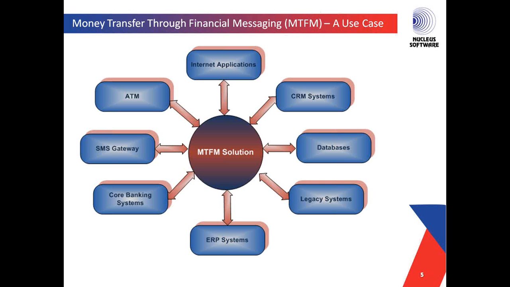What gets highlighted here is that if this MTFM solution is really flexible, and supports all these protocols and all the message formats and file formats that these peripheral applications support, then the need for changes in all these applications reduces, if not becomes zero. So one of the key USPs, as we talk about later in our presentation, is that the need for changes in the existing banking applications reduces if such a solution comes into play.